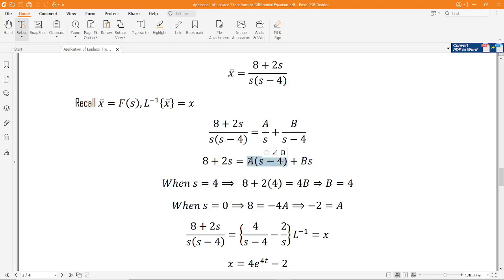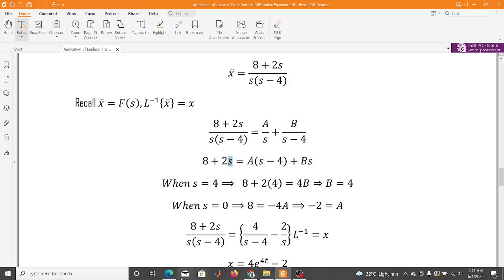So the whole of a will go out because a is multiplying this bracket of s minus 4. Then a multiplied by 0 will be cancelled. So you have here bs, which is 4b now because the value of s has been changed to 4. So you have 8 plus 2s here, which will be changed to 8 plus 2 into 4. And 2 times 4 is 8. So 8 plus 8 will be 16 equals 4b.